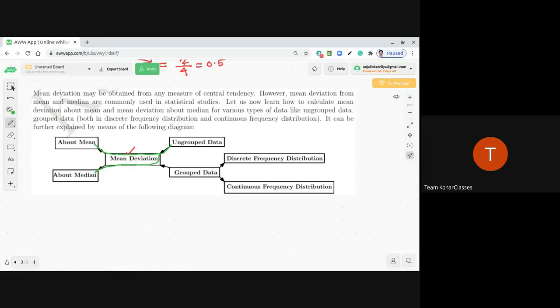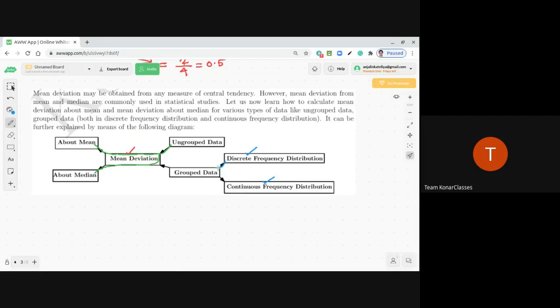So two things. We'll do all these things today, if time permits, or in the subsequent classes. Now, if you remember, grouped data are classified into either discrete frequency distribution or continuous frequency distribution. In discrete frequency distribution, the data is represented in a discrete frequency distribution manner.